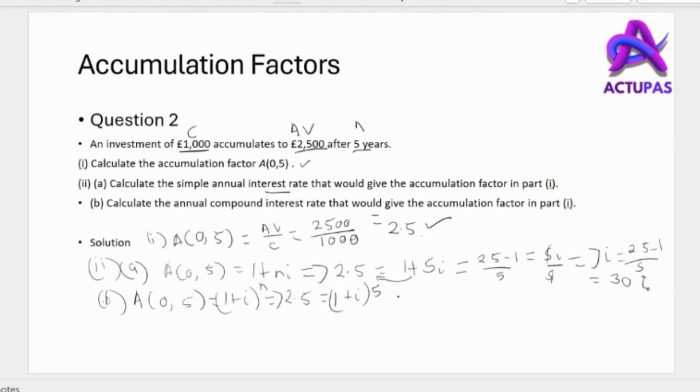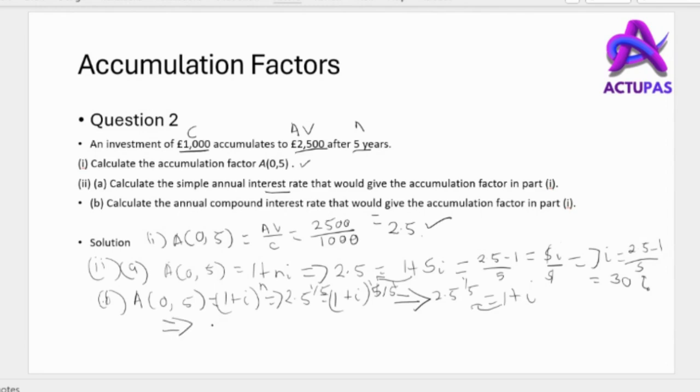So what do we do here? We raise both sides to the power of 1 over 5. So this becomes to the power of 1, and this becomes 2.5 to the power 1 over 5, which is equal to 1 plus I. And we move this 1 to this side, and it changes sign.